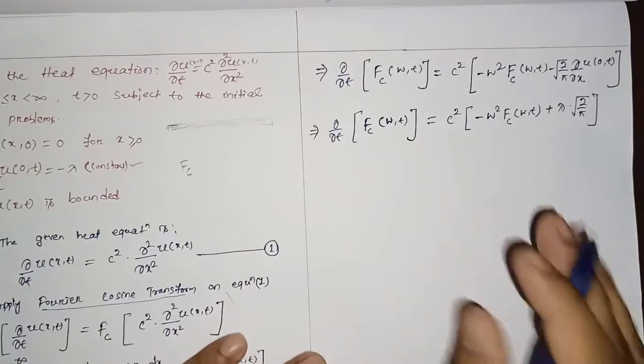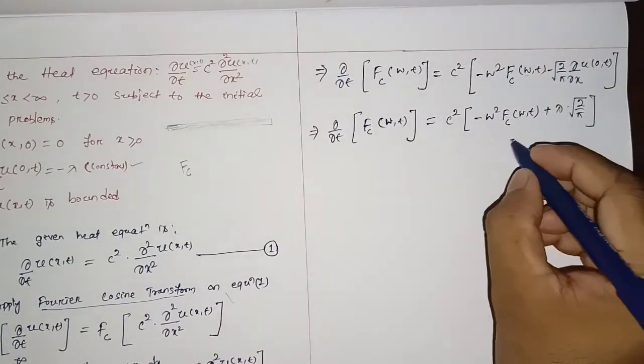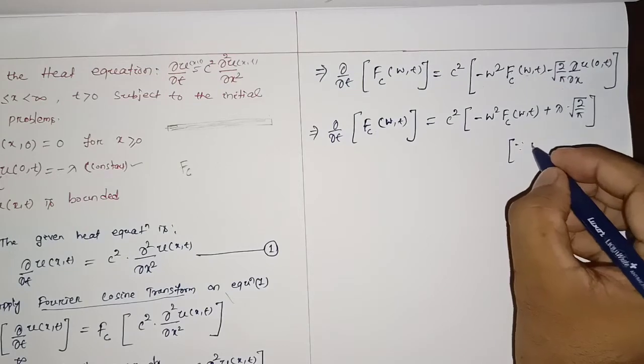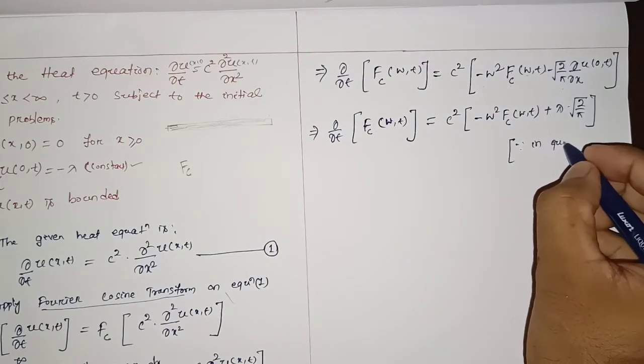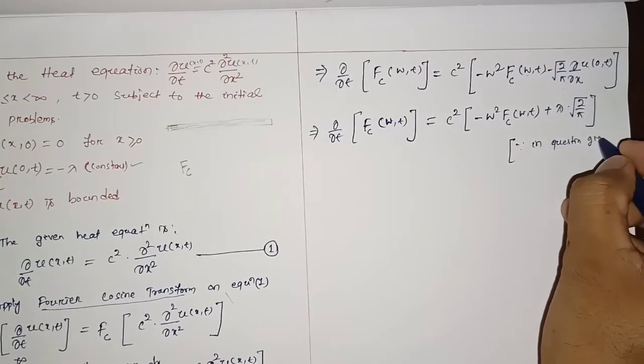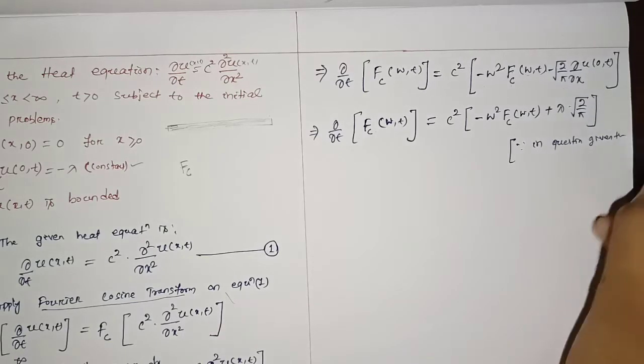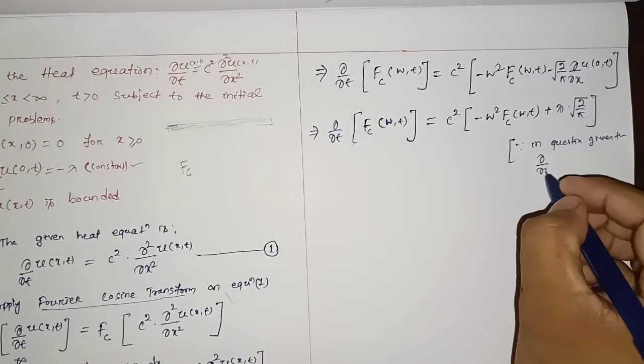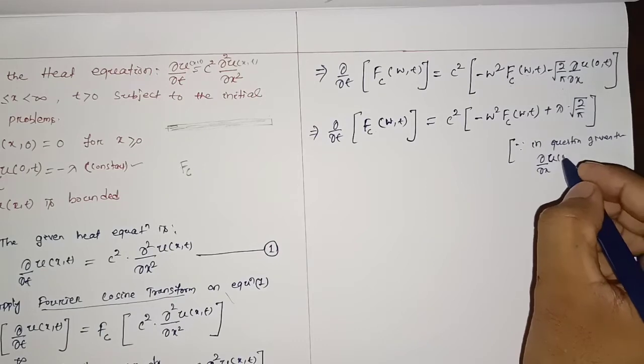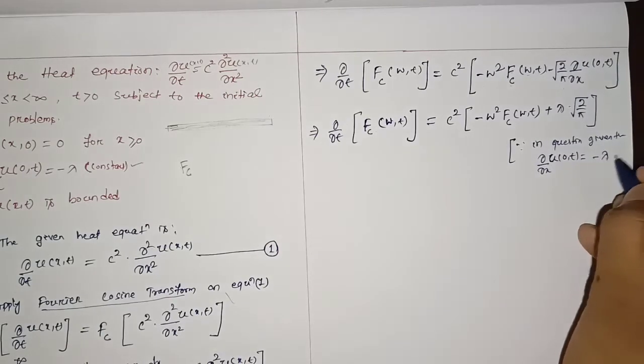Here you can also note that the question gives del by del x of u of 0, t equal to minus lambda.